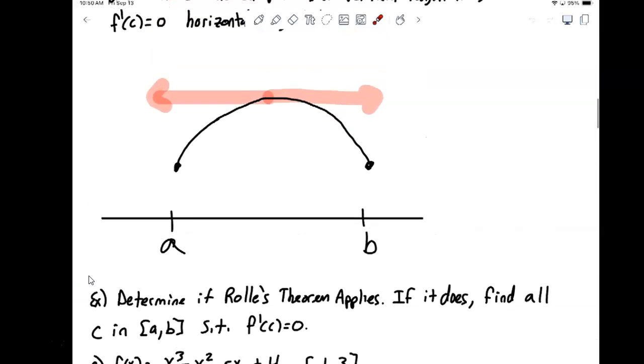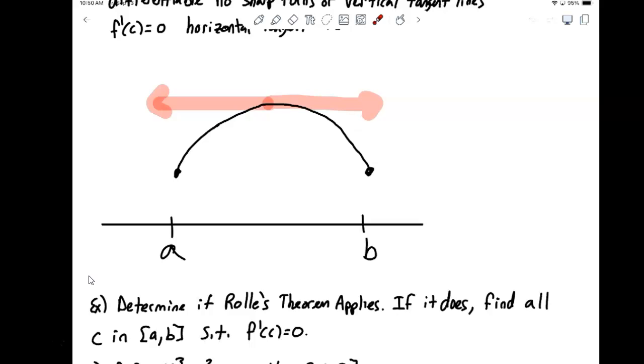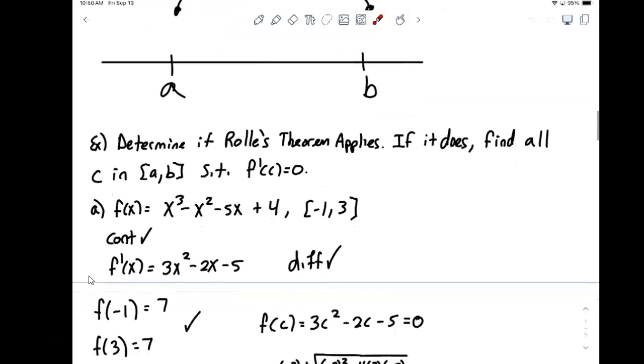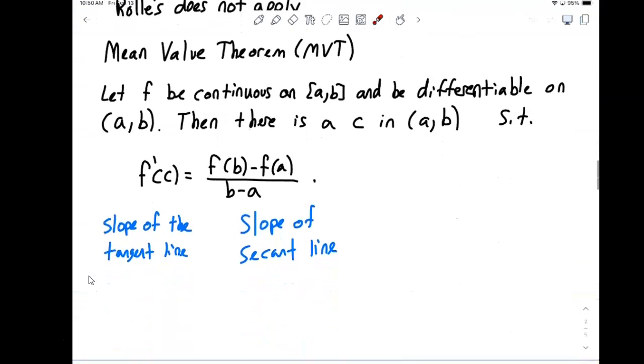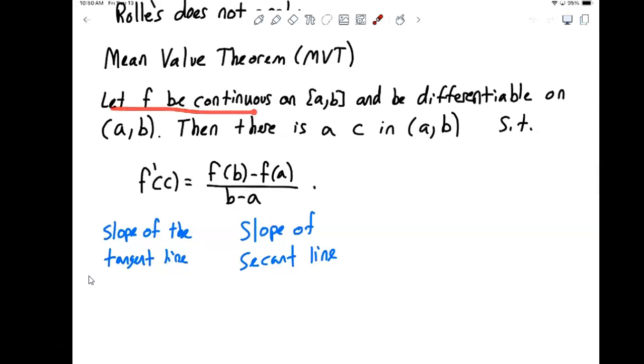Right? And the conditions were that our function had to be continuous, meaning, again, no breaks or gaps, and differentiable, no sharp turns. Then we had the mean value theorem, which says just if f is continuous and differentiable, then there is a point in the interval right between your two endpoints, in this formula stated as A and B, where the derivative at some point is the same as the slope of the line between those 2 points, A, f of A, B, f of B. Right?